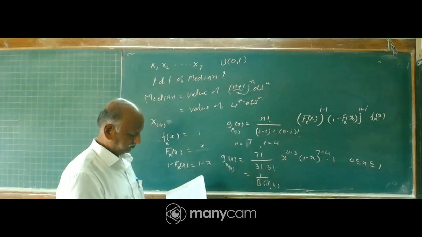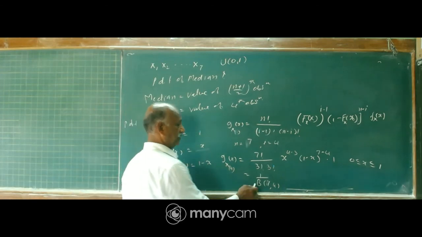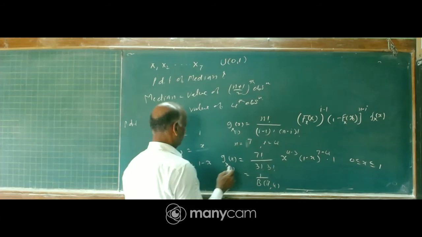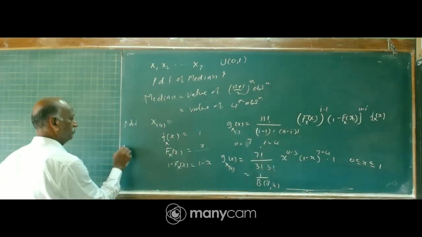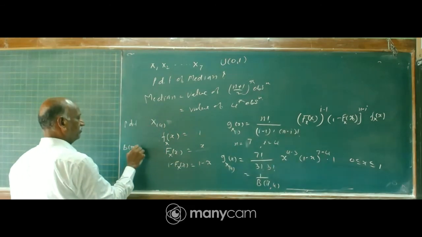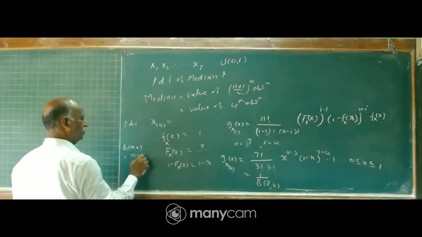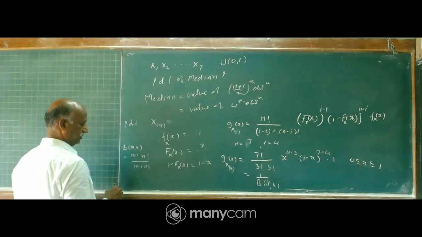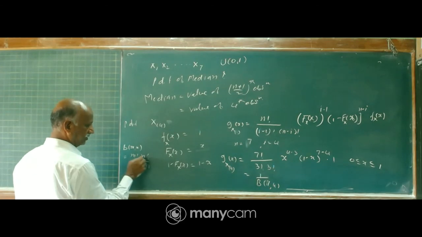Yes, this is a beta distribution now: 1 upon beta(7, 4), maybe 7, 3. Beta(m, n) is equal to m factorial divided by n factorial, (m plus n) factorial.